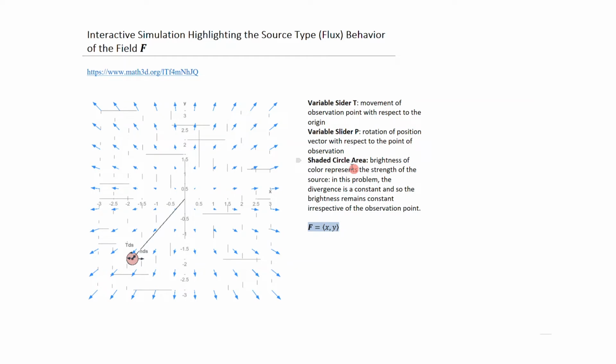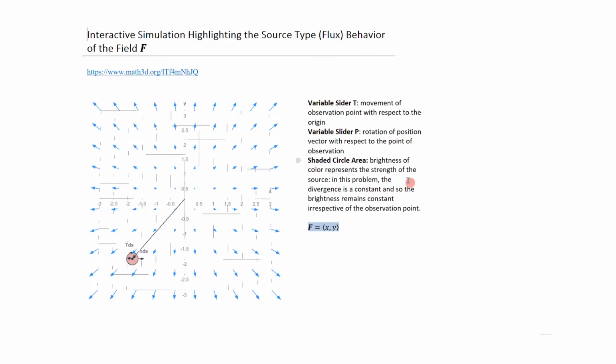And the shaded circle area that you see here is a specific color, and the brightness of the color represents the strength of the source. So for example, if it was a very weak red, you might see white, but if it's a very deep colored red, this will get highly saturated. So depending on the strength of the red, you could say that is the strength of the source. So just using color coding.